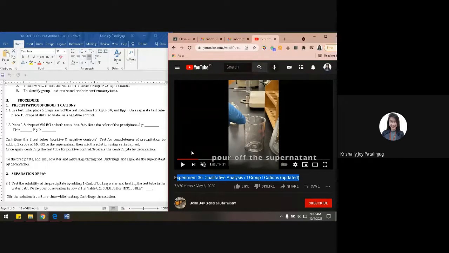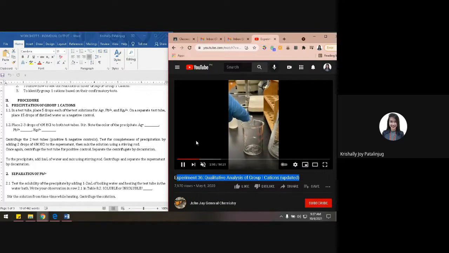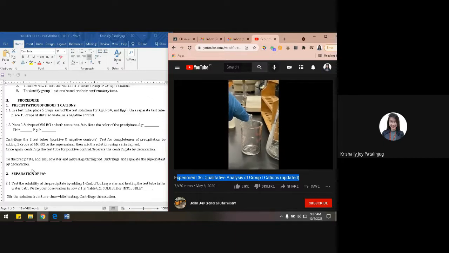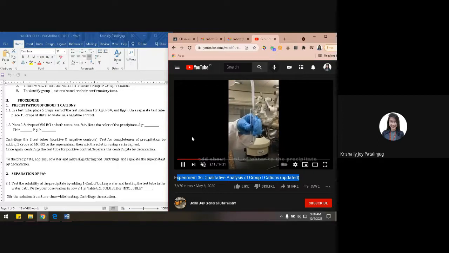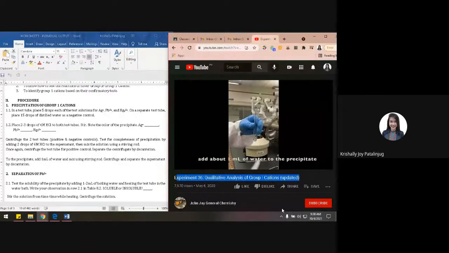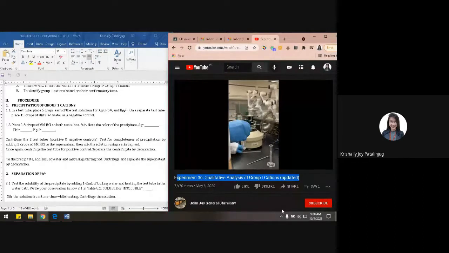What remains at the bottom of the test tube is what is being added to. Water is added to it, because the instruction says add water to the precipitate, not to the filtrate. Then mix again with the stirring rod.